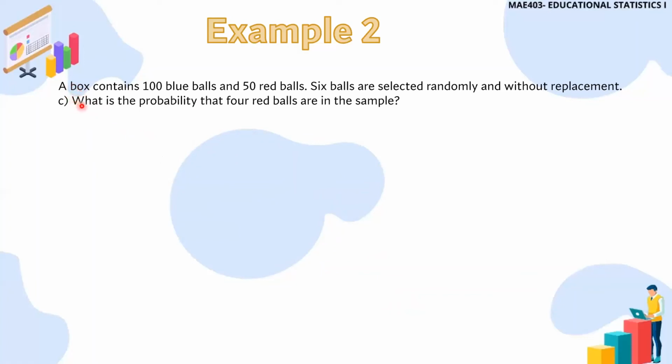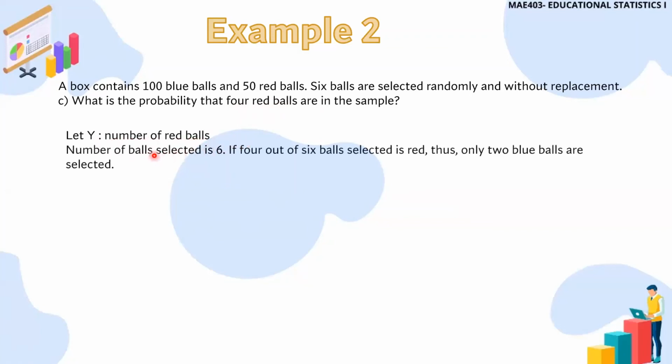Next, the third question. What is the probability that 4 reds are in the sample? Now, the question refers to the classification of red balls. So, let Y be the number of red balls selected. The number of balls selected is 6, therefore the sample size is 6. The question asks for the probability that 4 red balls are in the sample.